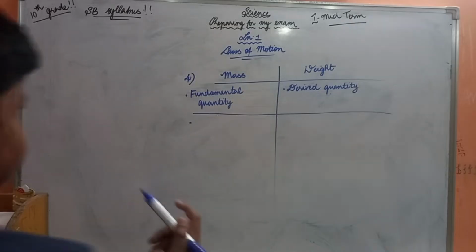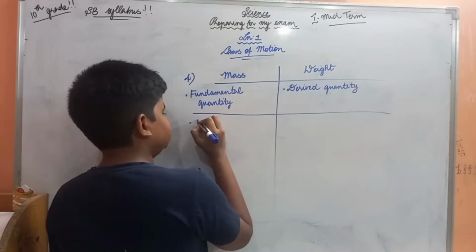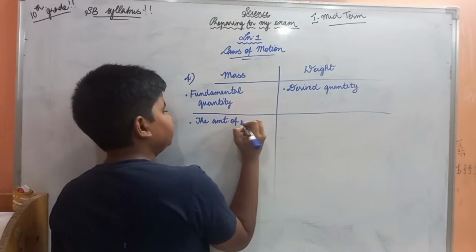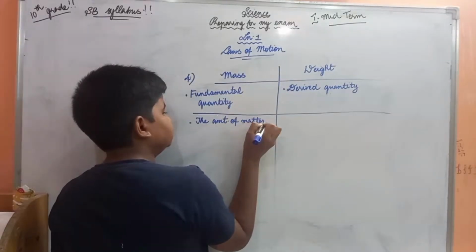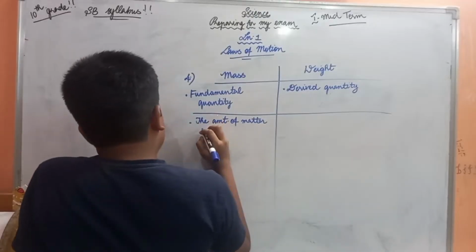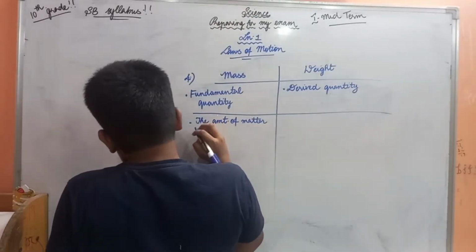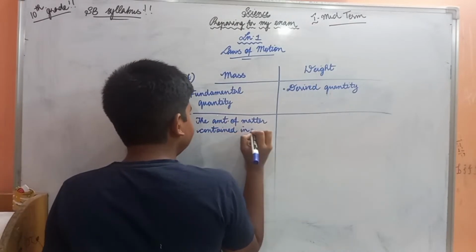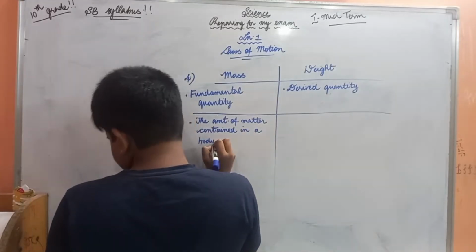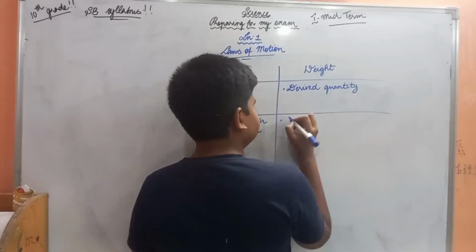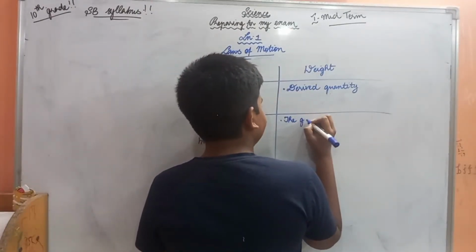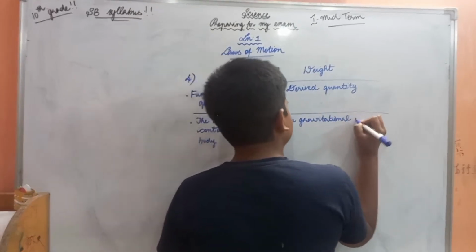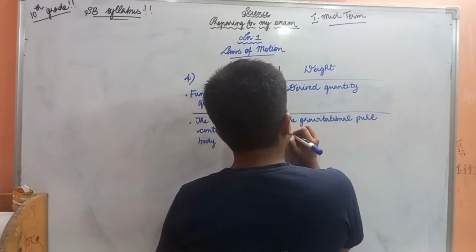Mass is defined as the amount of matter contained in a body, and weight is defined as the gravitational pull acting on the body.